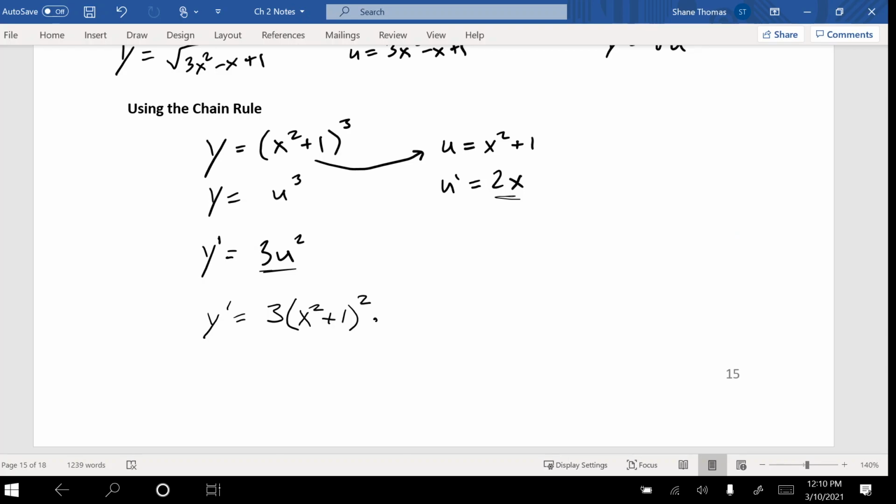Multiply that by my u prime, which is 2x. All right, then I can simplify a little bit. I'm going to make this dy dx for the sake of notation. So 3 times 2x is 6x, and then x squared plus 1 quantity squared.